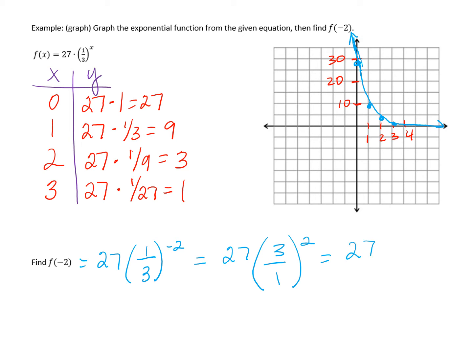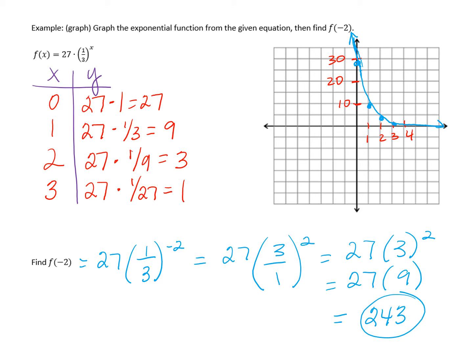So that's really just 27 times 3 squared. And 3 squared is 9. And so lastly, if we multiply 27 times 9, that gives us 243. Actually, there's no way I was going to be able to fit that on my graph, but I did want to remind you about how to evaluate an exponential function with a negative exponent.